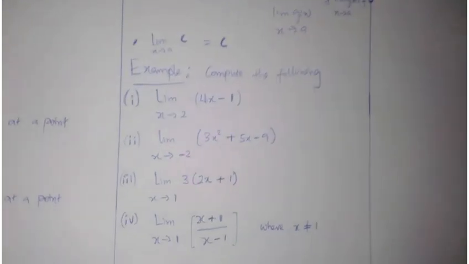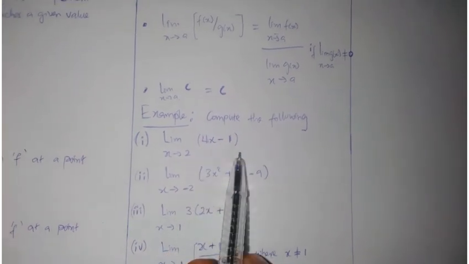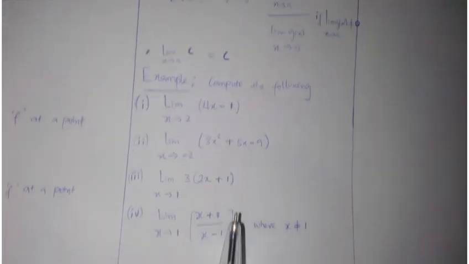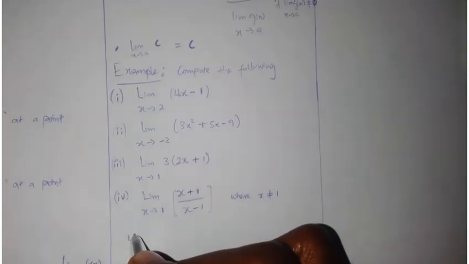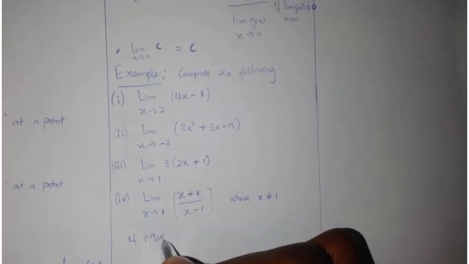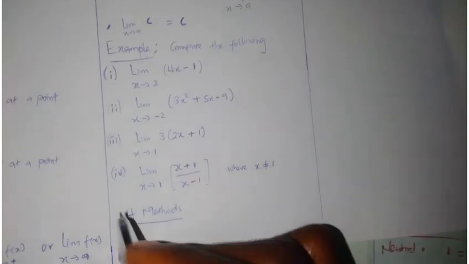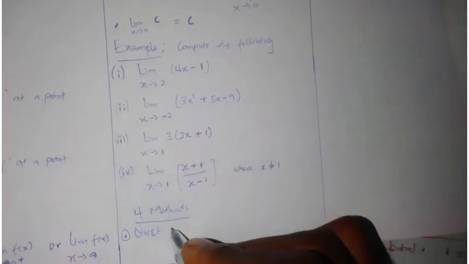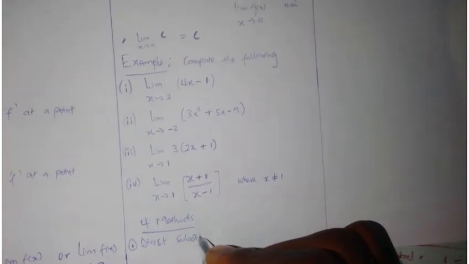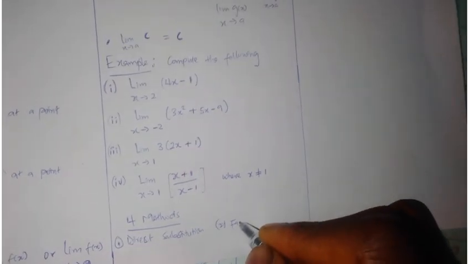Now, for example, we said compute the following. Number 1 is what? Limit as x tends to 2 of 4x minus 1, and so on. Before we solve, we have 4 methods of solving questions under limits. The first method is the direct substitution method. The second one is factorization.